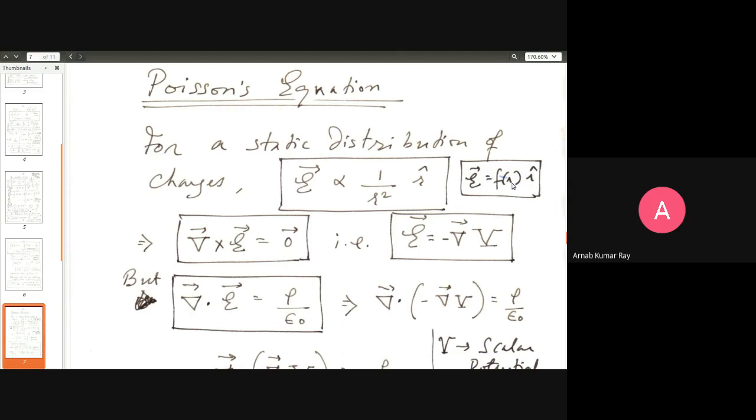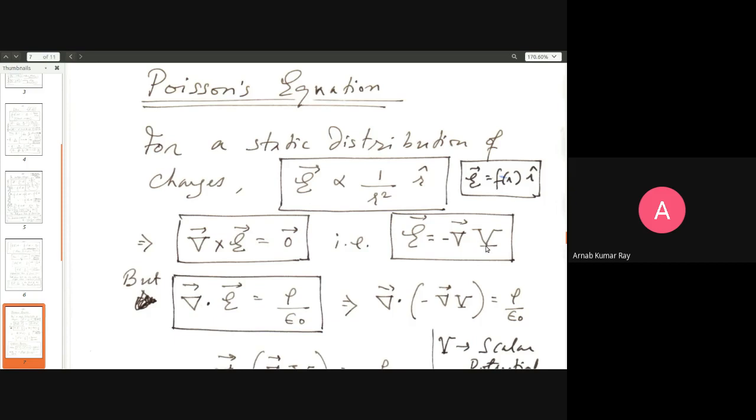If it's a central field, depends only on the radial vector r, then curl will be equal to 0. We have also discussed, as a part of our discussion on potentials, that the curl of the gradient of a scalar function is equal to 0 vector. Therefore, we can write the electric field as the gradient of a scalar function, capital V.